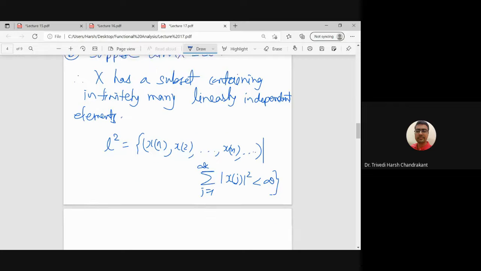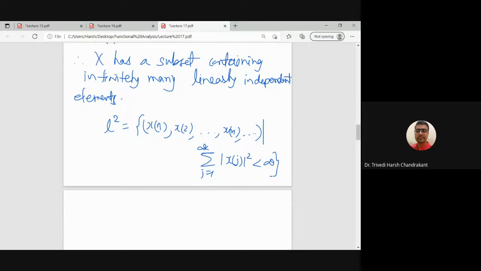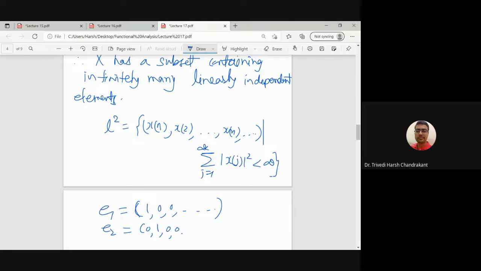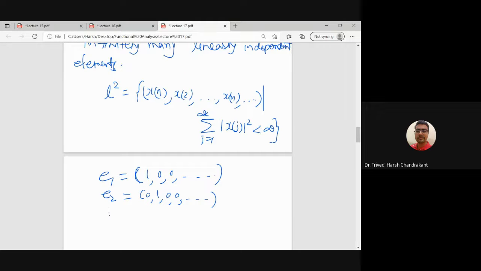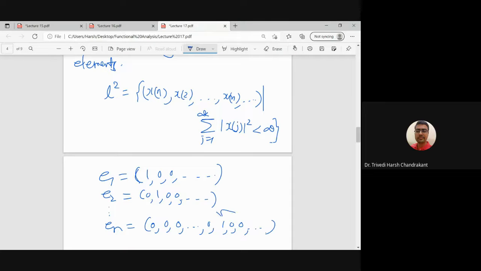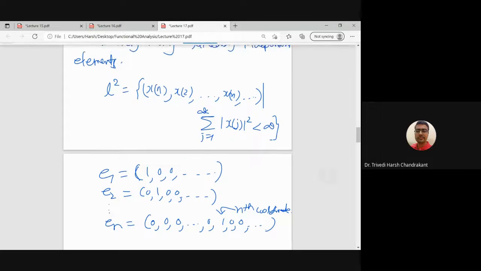So now we have infinite coordinates, and if you consider E1, what is E1? 1 0 0, right? E2 is what? 0 1 0 0. These are infinite coordinates. En is what? 0 0 0 0 1 0 0. This is the nth coordinate. So each of these E1, E2, En is a sequence.